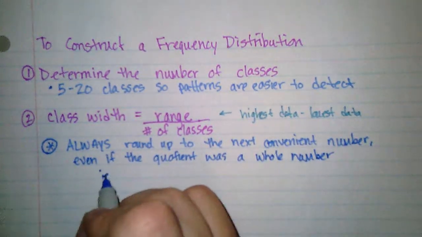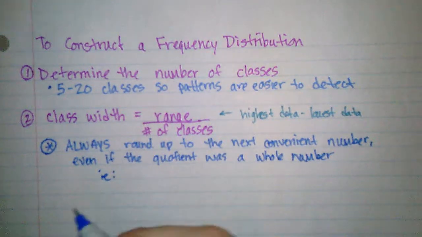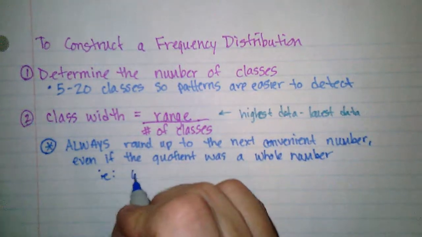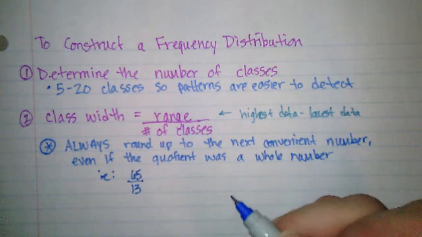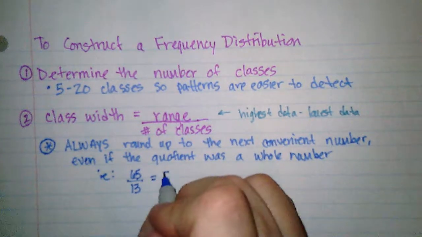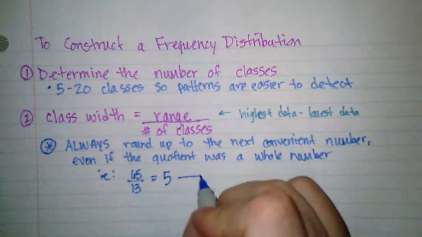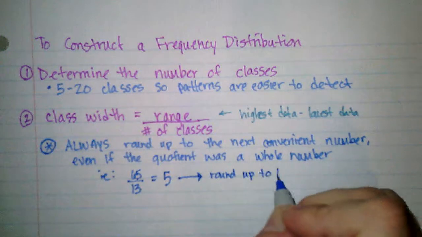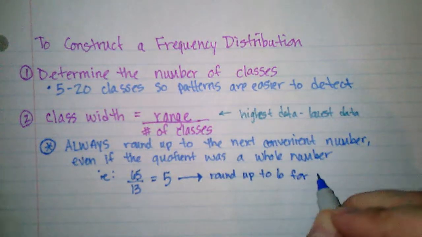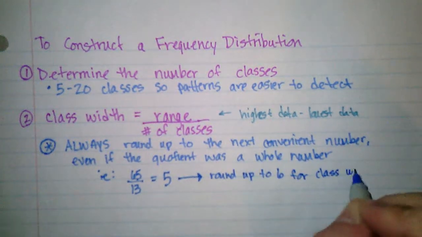So, for example, if my range was 65 and I wanted 13 classes, I would do 65 divided by 13, which gives me 5. But then I'm going to round that up and use 6 for the class width.